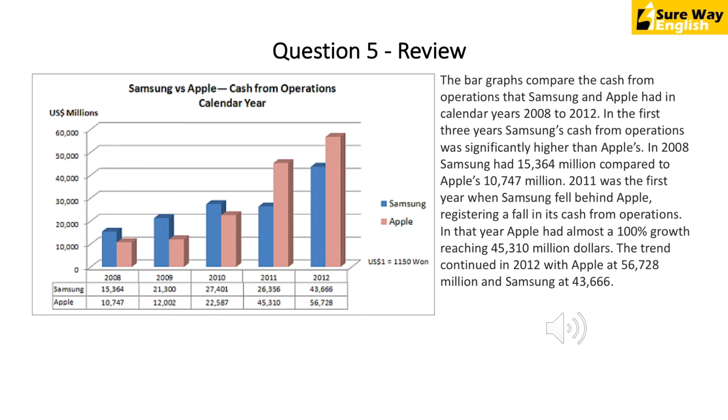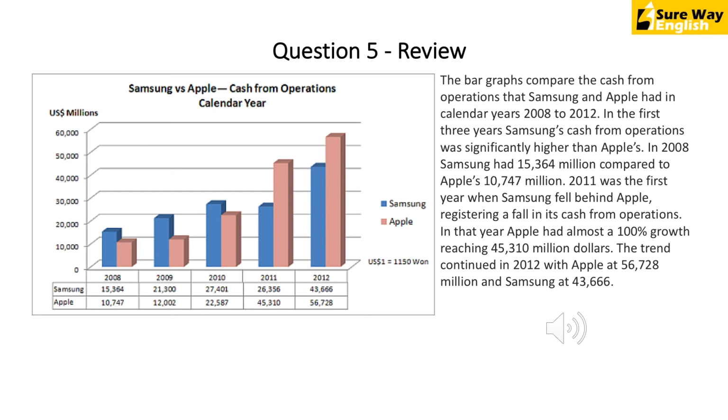Now you can't really mention all the points, so you can say that this trend continued till 2010, and 2011 was the year when Samsung's growth fell down and it registered a decrease from 27,401 to 26,356, and that was also the year when Apple took it over, right? And that trend also continued in 2012. So that's what you have to say, and that's what was there in the response.